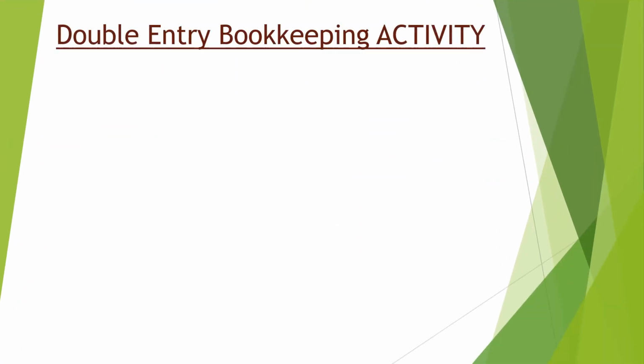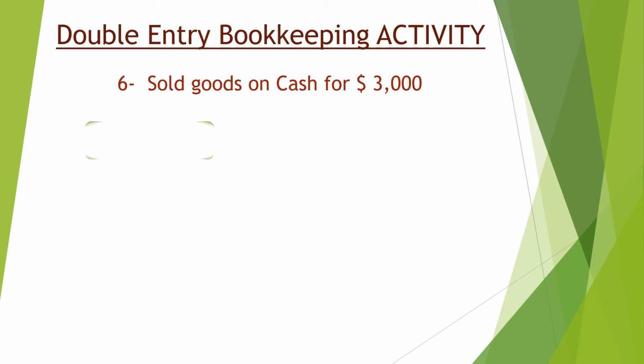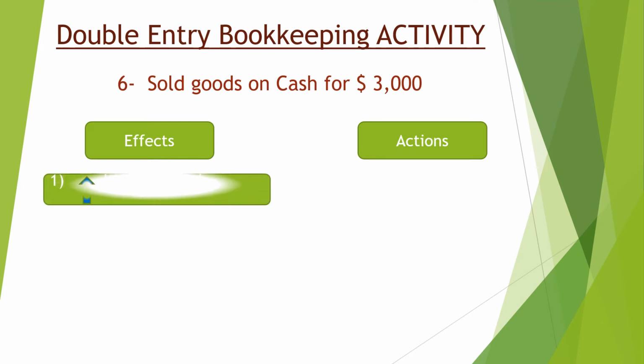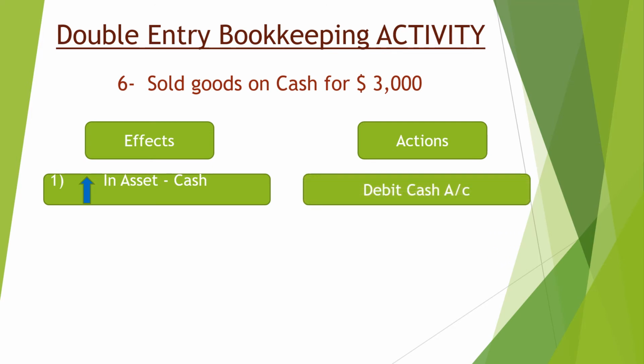In the next example, sold goods on cash for $3,000. Here we can see the effects and the actions. When we sell the goods on cash, the company receives the cash, which is an asset, and an increasing asset is always debit.